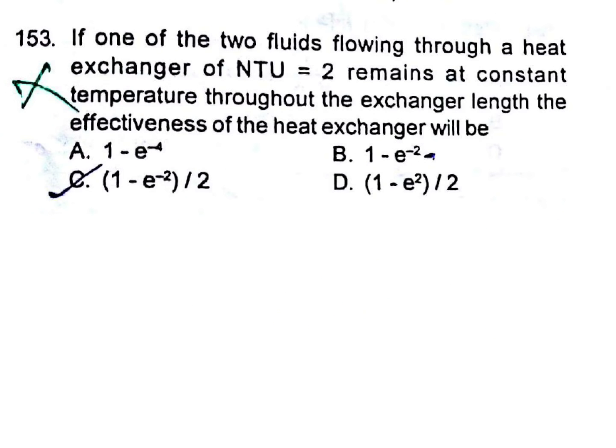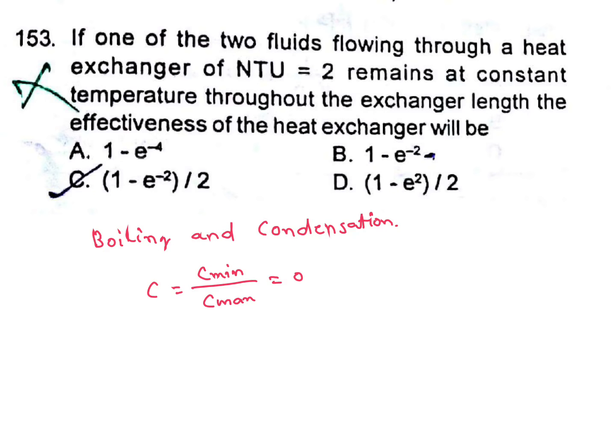If one of the two fluids flowing through a heat exchanger of NTU equal to 2 remains at constant temperature throughout the exchanger length, the effectiveness of the heat exchanger will be... We have to calculate the effectiveness. One fluid at constant temperature means boiling or condensation. In that case the capacity ratio, C minimum by C maximum, is 0 and NTU is given as 2.